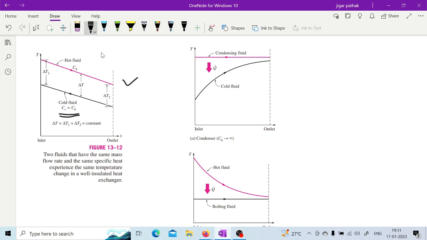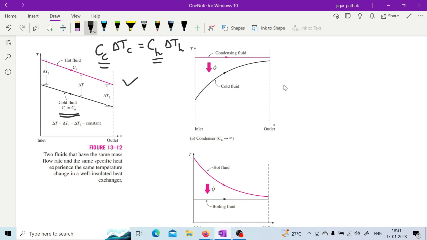Because what we have just seen is that Cc into delta T in the cold fluid is equal to Ch into delta T in the hot fluid, where Cc is mc Cpc and Ch is mh Cph. So if temperature differences are maintained the same throughout, it simply means that Cc is equal to Ch.